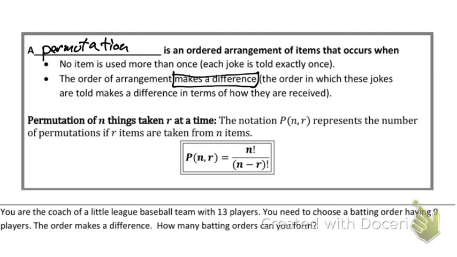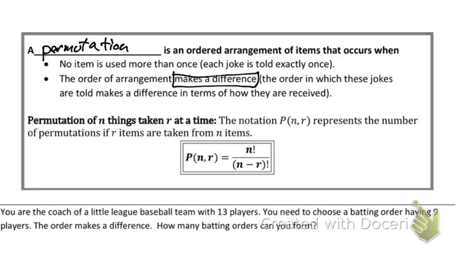All right, permutation. This is how we write it. A permutation of n things taken r at a time. So what we had was 4 jokes, and I'm telling all 4 jokes. So in this case, we would have 4 things taken 4 at a time. If I was only going to tell 3 jokes, I would have 4 jokes where I would take only 3 of them. If I was only telling 2 jokes, it'd be 4, pick 2.